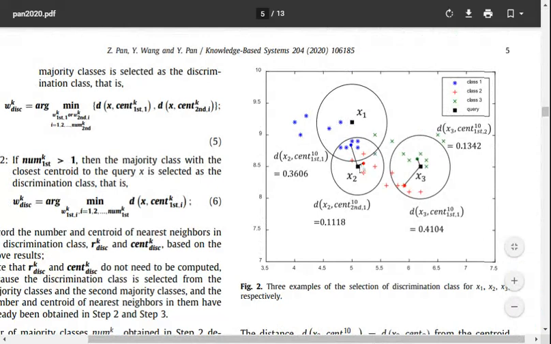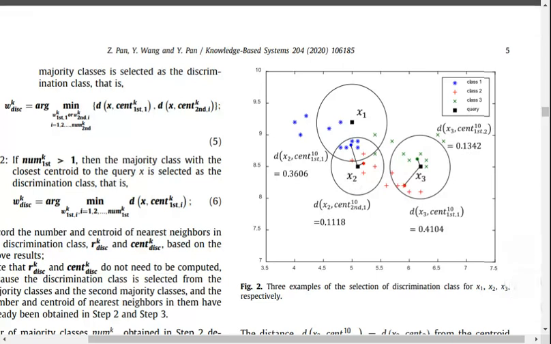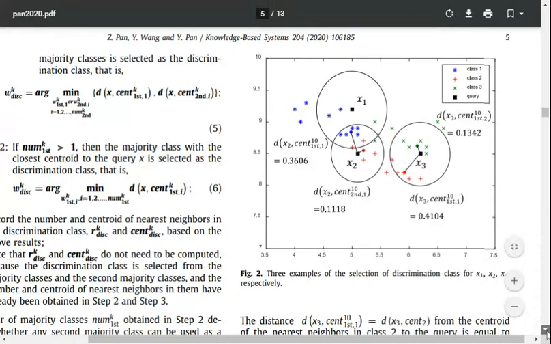We can just use the centroid of the classes, the first most class and the second most class, and based on the distance between my query point and the distribution of each of the classes, just one and two, not three or others, we can say that X3 belongs to the red. Here X3 belongs to the green, and here it belongs to the blue. Okay, so it's so easy.